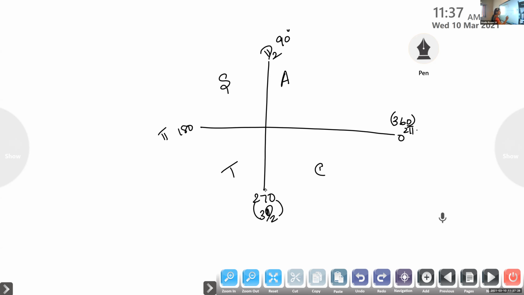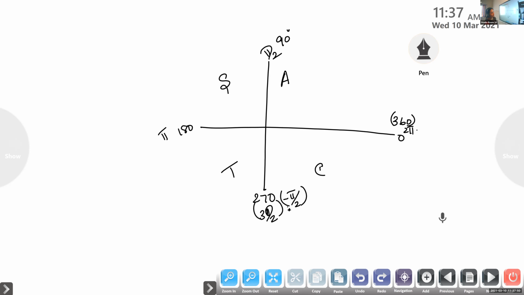That means which are the two quadrants? Minus pi by 2 means we measure this clockwise. Here it is 0. This is minus pi by 2 to pi by 2. So the principal value branch of sine inverse covers the fourth quadrant and the first quadrant. What about cos inverse?